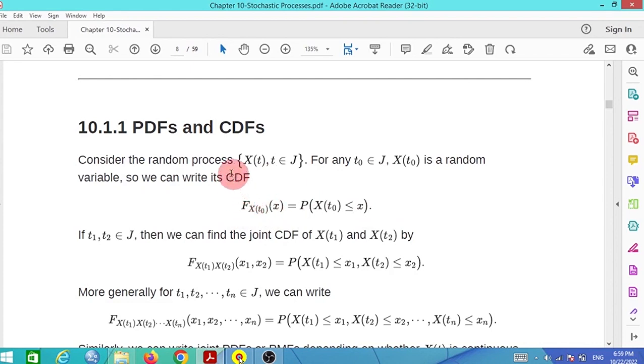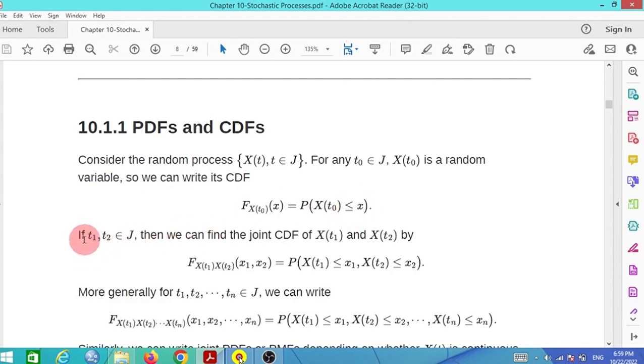Denoted cumulative distribution function with F, index x of t0 at point x0. This means the probability for this event, x of t0 less than or equal to x.